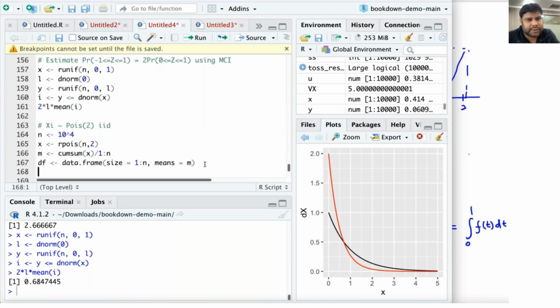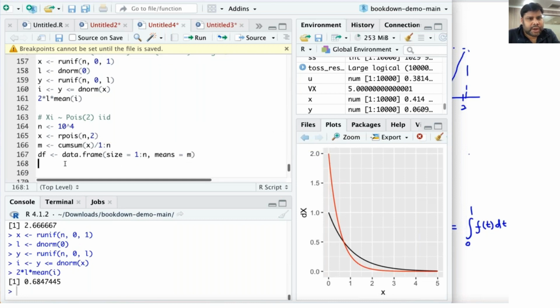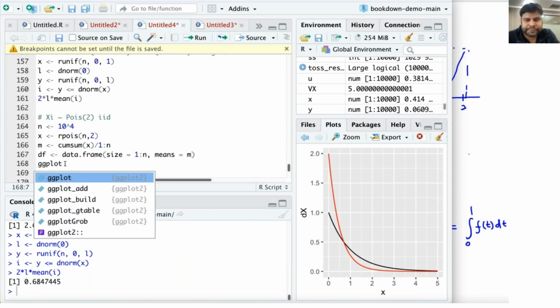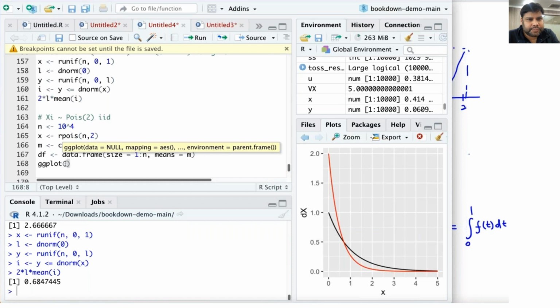Okay, so I've created the data frame. Now I'm going to plot it. ggplot, df.